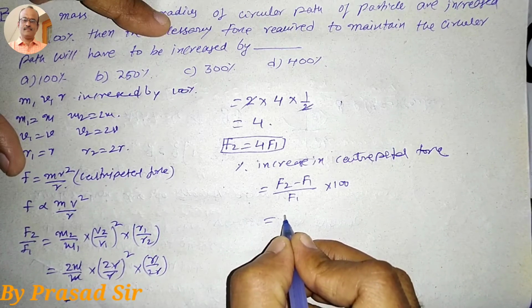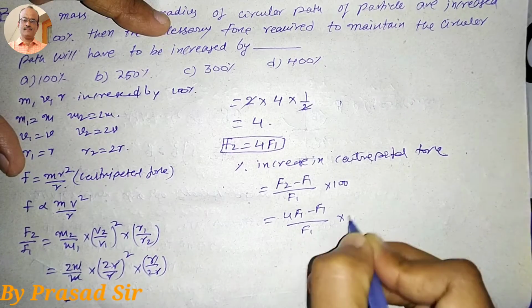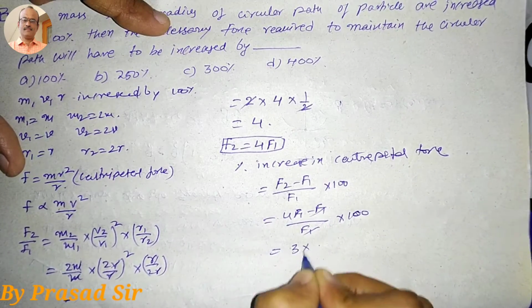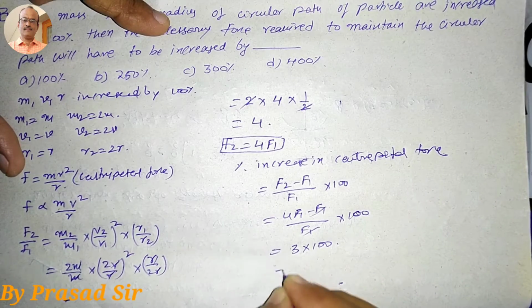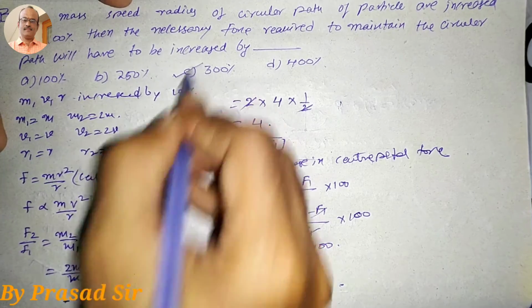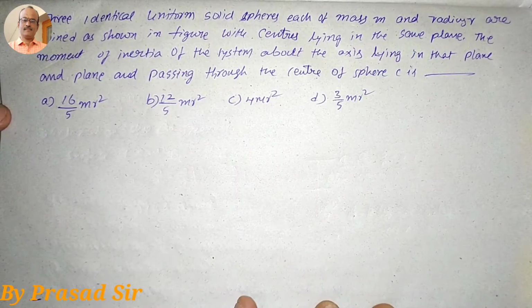F2 means 4F1, so 4F1 minus F1 divided by F1 into 100. F1 cancels. 4 minus 1 is 3, into 100. So that means 300%. Which option is correct here? Option C is correct.